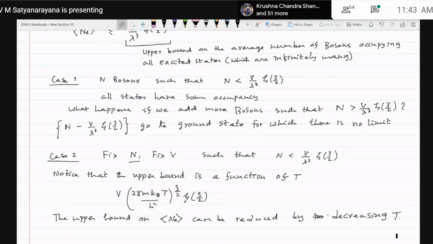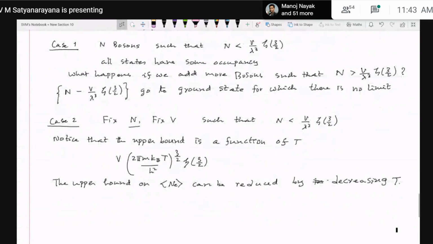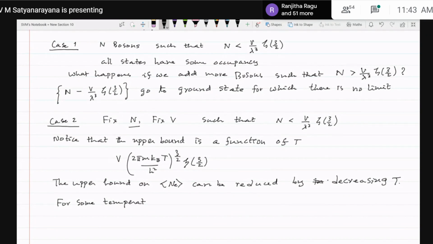If you go on decreasing the temperature, there exists a temperature for which n is equal to this upper bound, which I will call Tc.